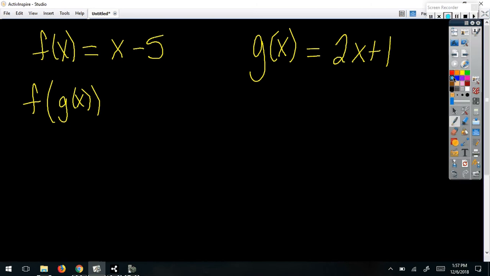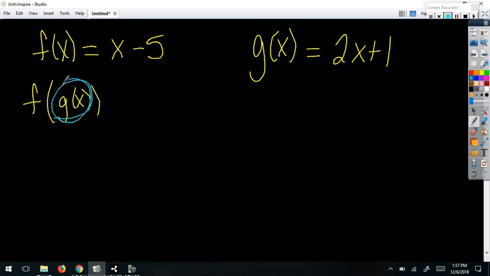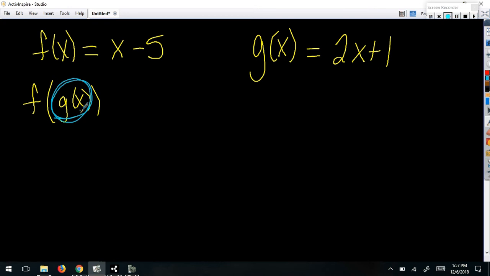What I want to do is take f and replace every x in f with g of x. Right? So what is g of x? 2x plus 1. So now I'm doing the same thing I did on the slide before.